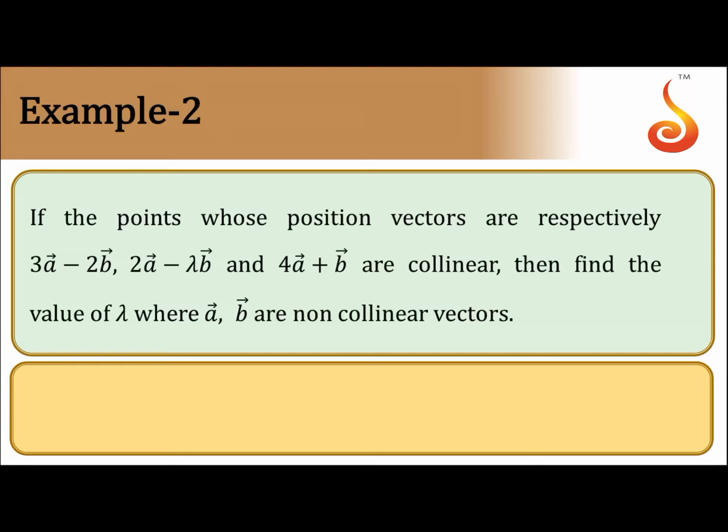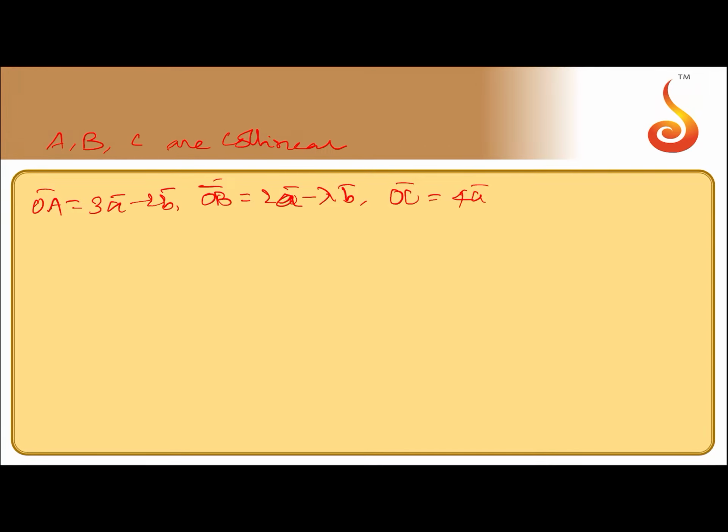Let me take OA bar, OB bar, OC bar. A, B, C are collinear, where position vector of A is 3a minus 2b, position vector of B is 2a minus lambda b, and position vector of C is 4a plus b.